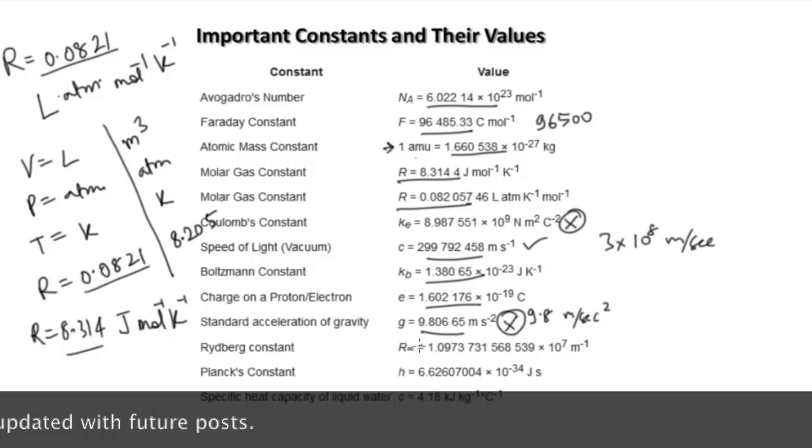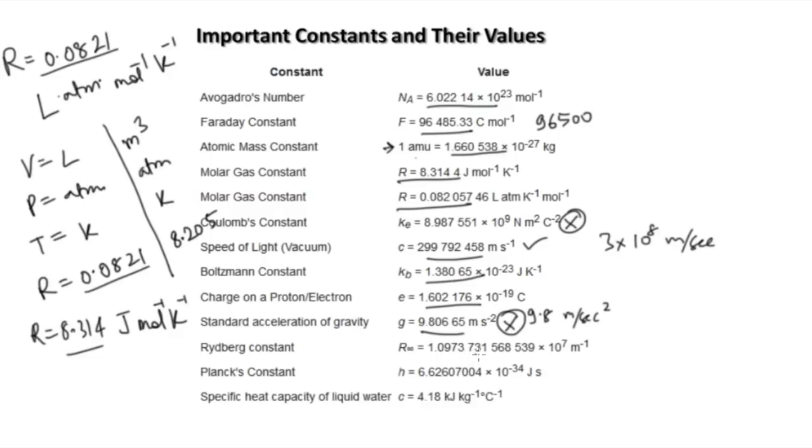Rydberg constant: you have to put its value when solving questions on electronic spectra in the hydrogen atom. The value is 1.0973 into 10 to the power 7 per meter. Now Planck's constant, just remember this: 6.6 into 10 to the power minus 34 joule second.